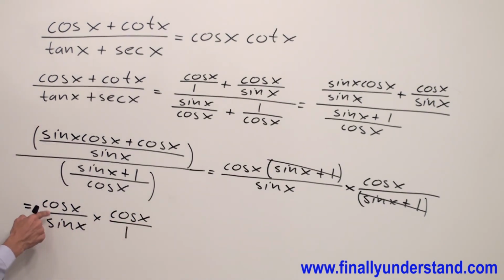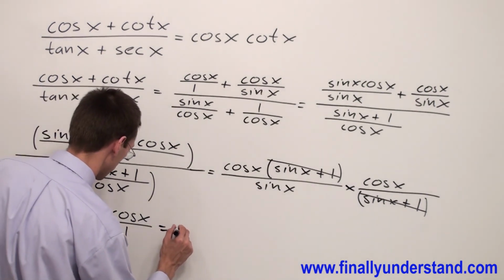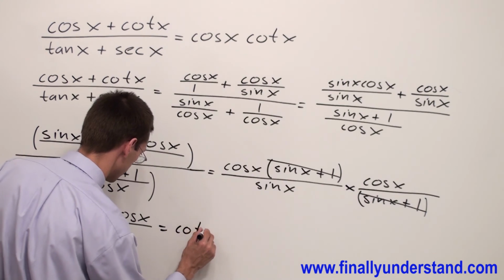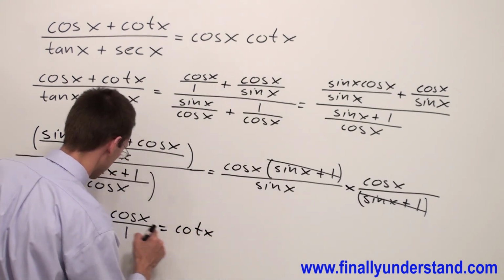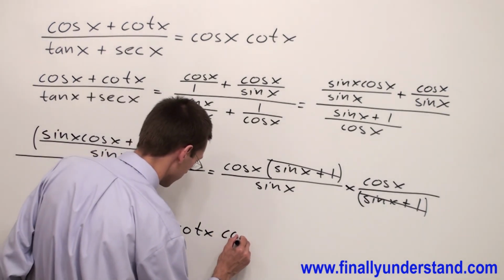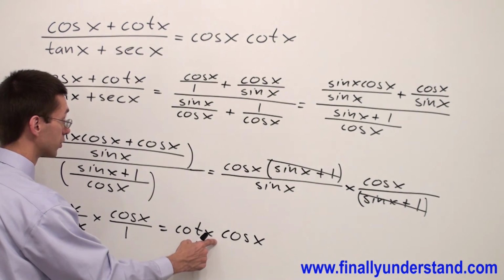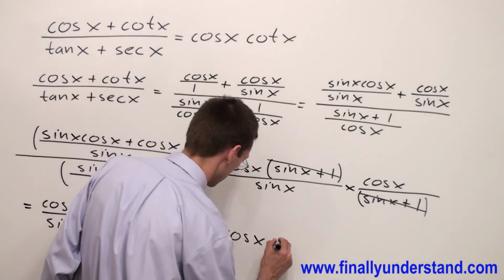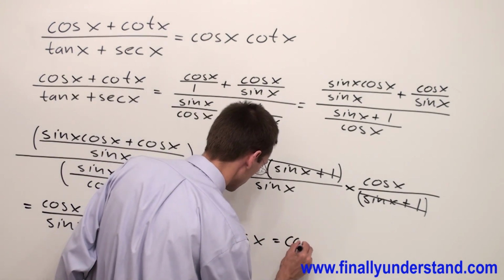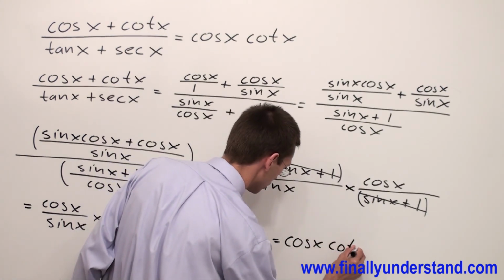Cosine x over sine x is equal to cotangent, and cosine x over 1 is cosine x. Because this is multiplication, we can change the order and simply rewrite this as cosine x times cotangent x.